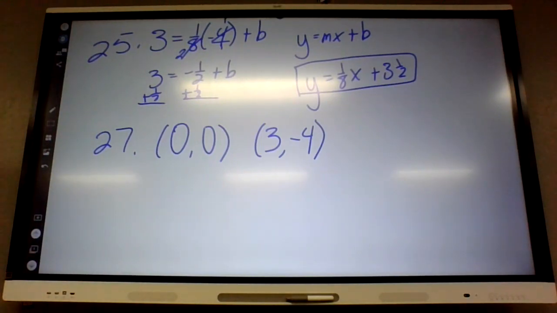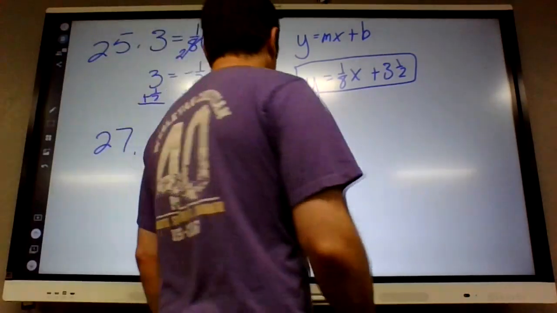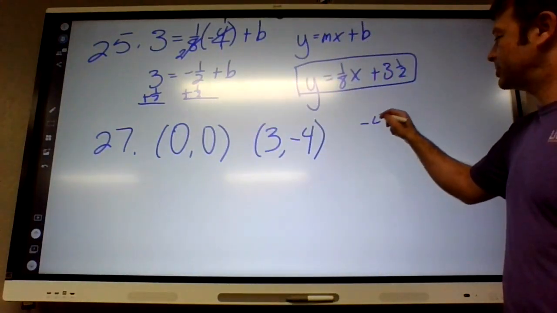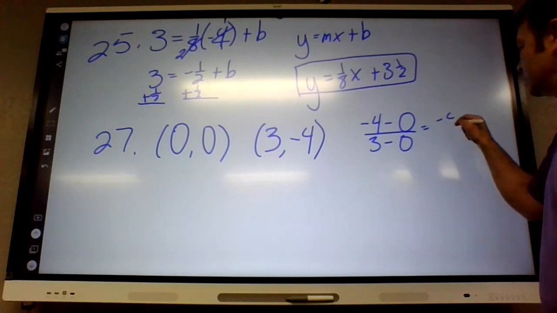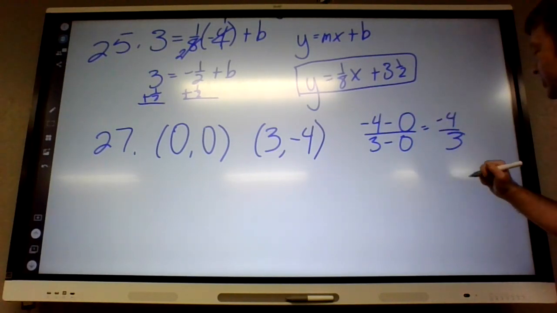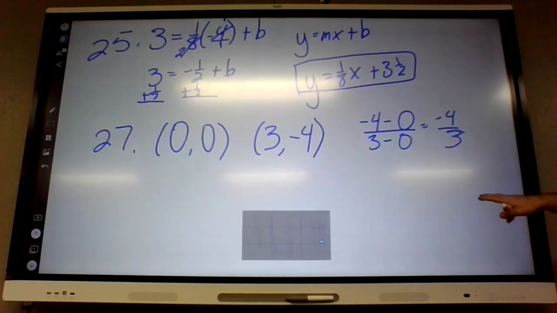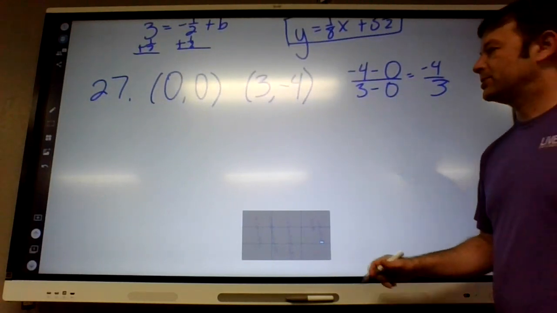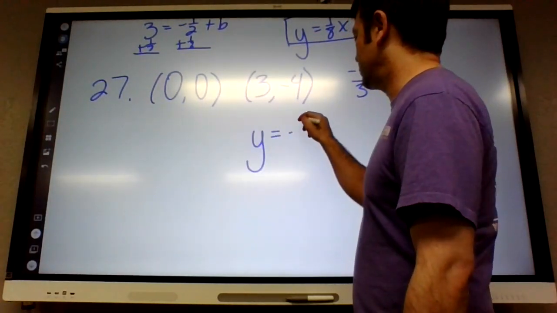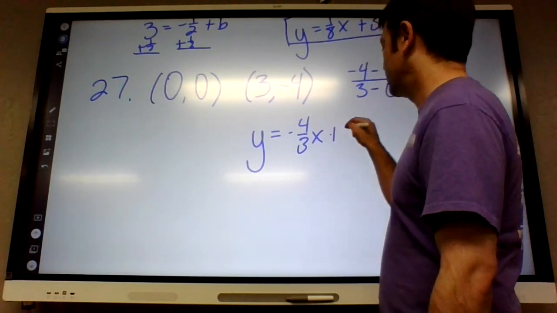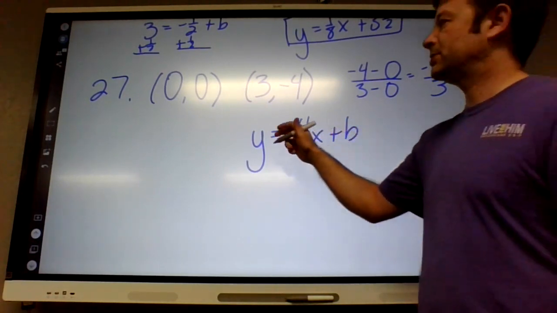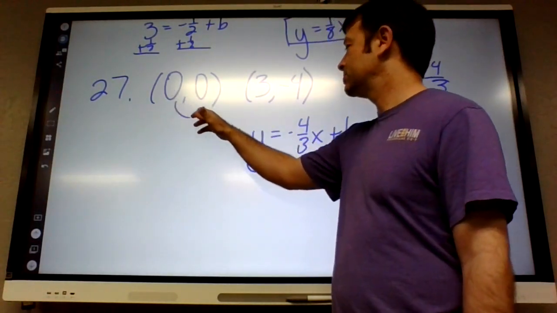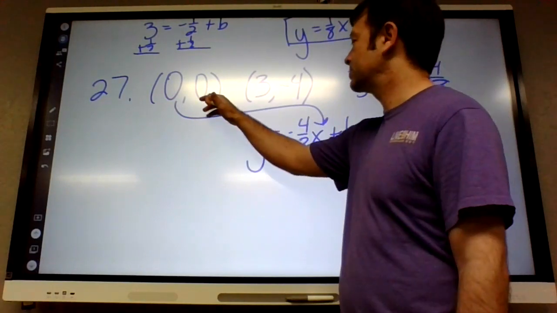Maybe that, if you need it. Okay, y minus y over x minus x is -4/3. That's the slope. So, here's what I got. How do I find the b value? Well, it's just like the other problem at this point. So you just plug in your x and your y.